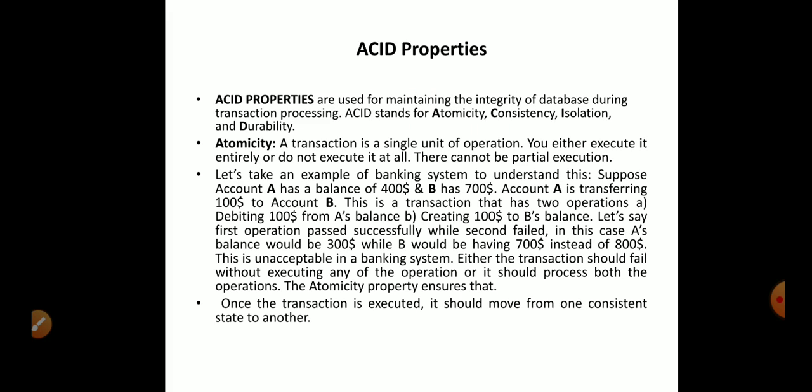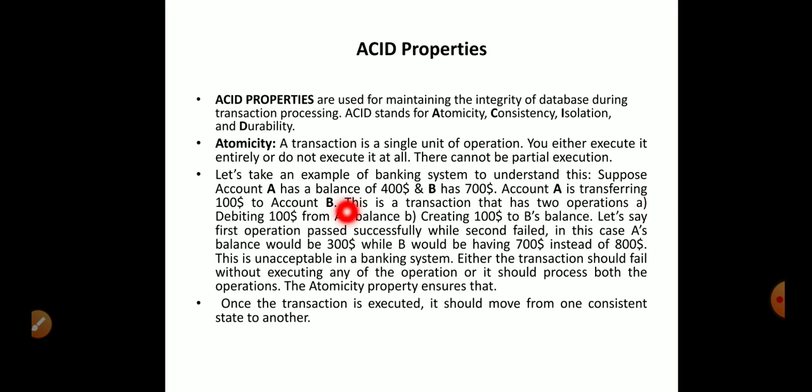I'll explain all the properties. First, let us see atomicity. Atomicity means it is a single unit of operation. That is, you have to either execute the whole transaction or none of it should execute. I'll give you one example. Same banking example: account A has balance 400, B has 700.